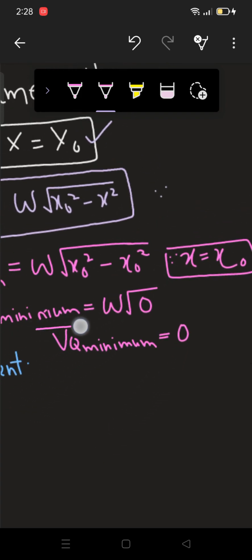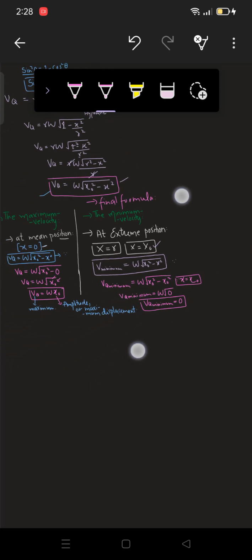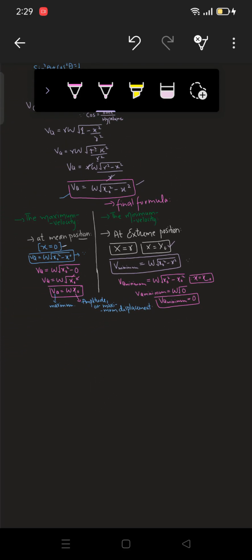So the minimum velocity is equal to 0, and we're gonna find this minimum velocity 0 at the extreme position. At the mean position we find the maximum velocity, and at the extreme position the minimum velocity.